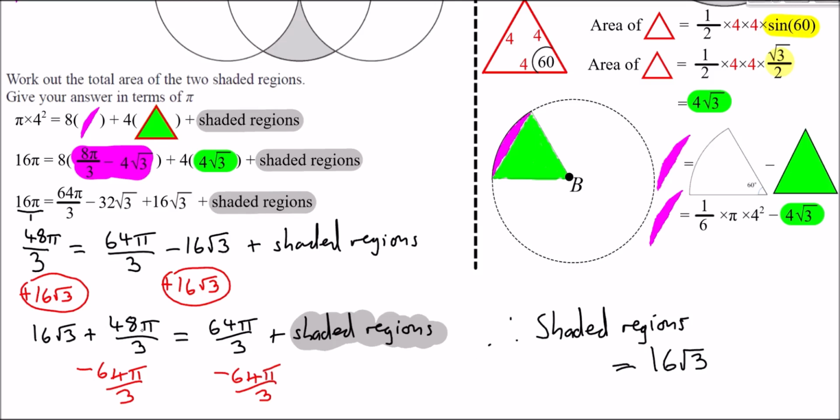Therefore 48 pi over 3 take away 64 pi over 3 is minus 16 pi over 3. And that's our final answer to an absolutely horrendous question.